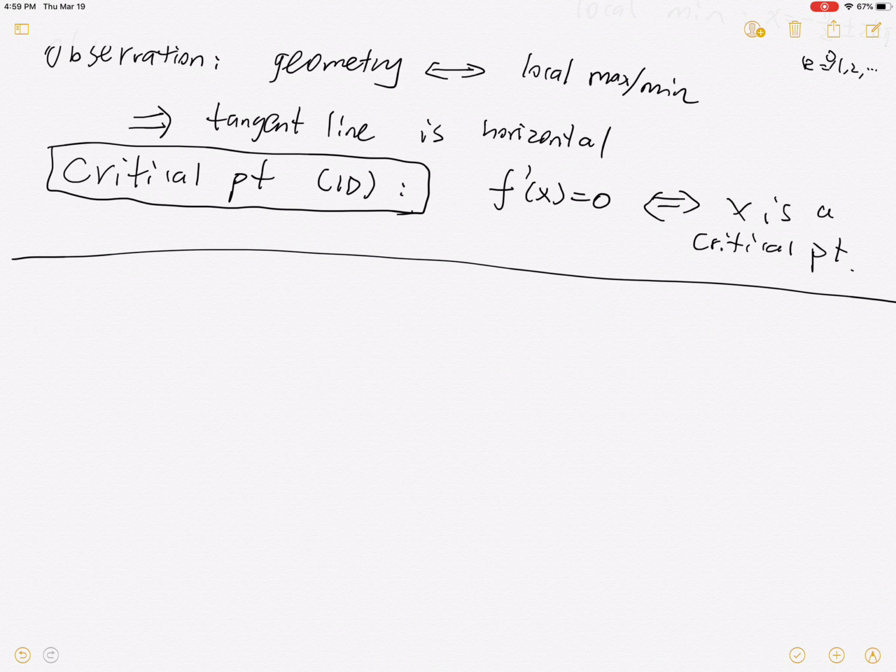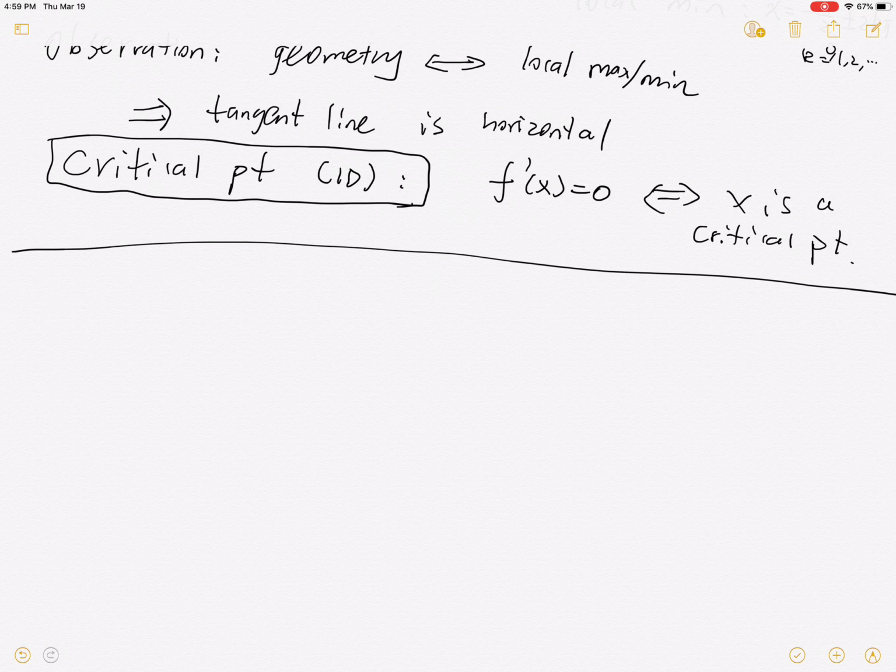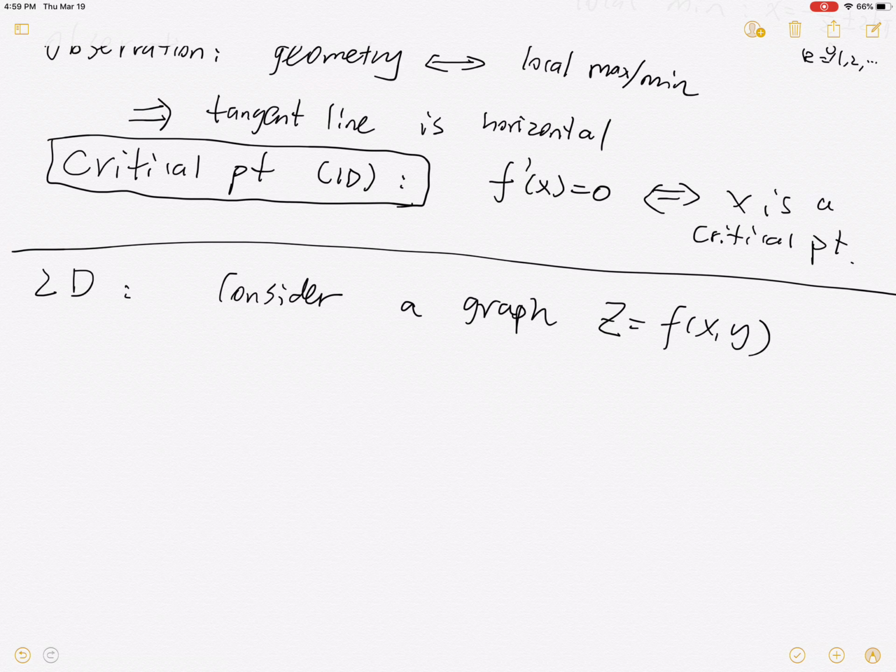Okay. Next, we are going to generalize this to higher dimensions. So we first do it in 2D. Suppose we have a function f and consider its graph z equals f(x, y).